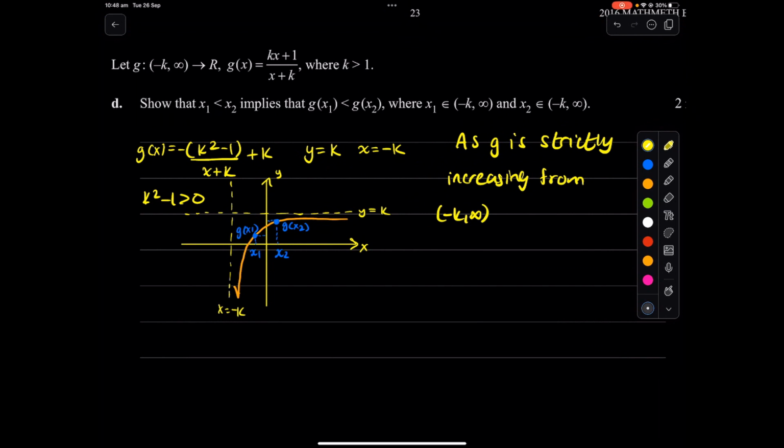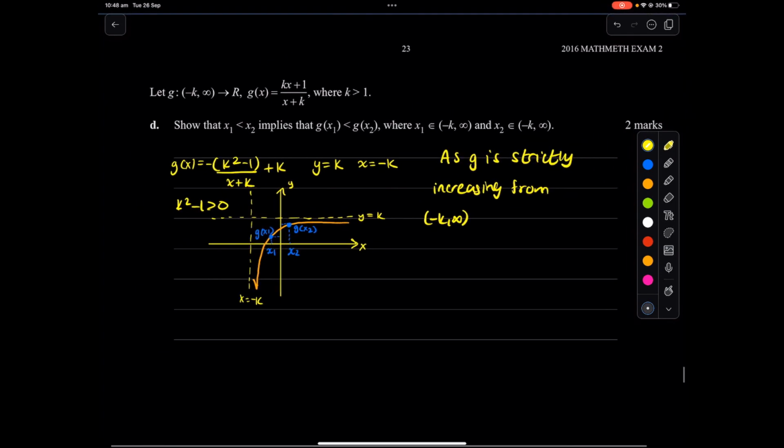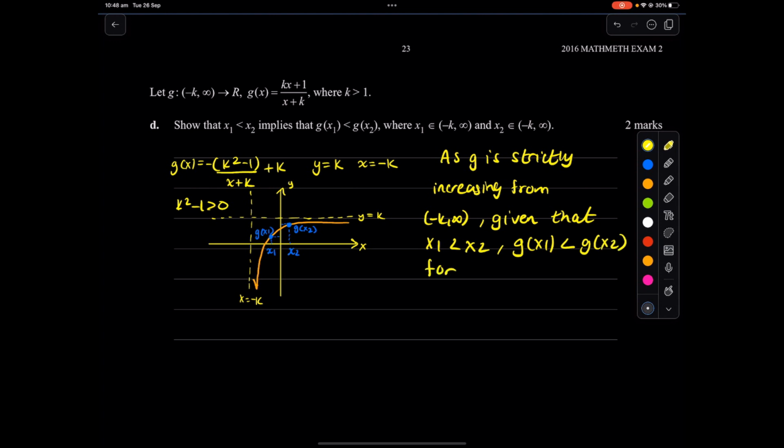As g is strictly increasing from negative k to infinity, given that x1 is less than x2, g(x1) is less than g(x2) for x an element from negative k to infinity, as shown on the graph.